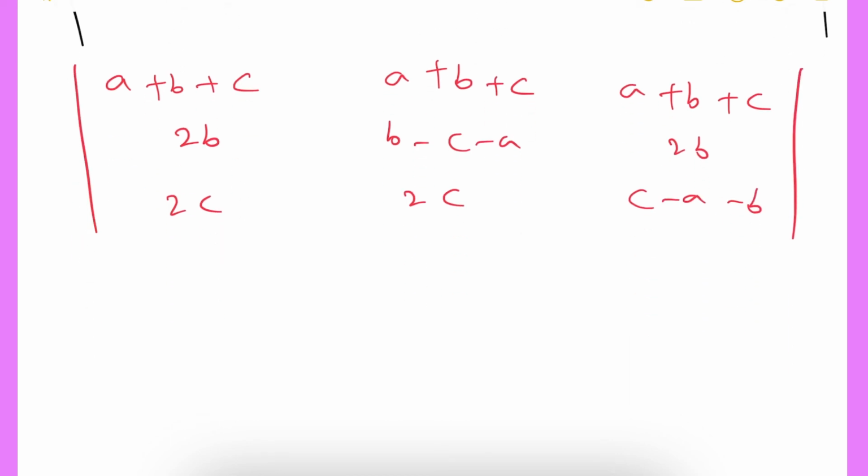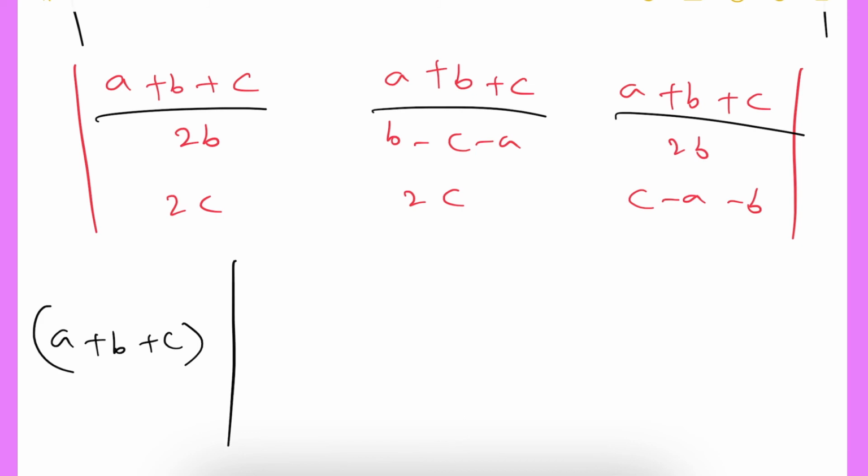Next, let us simplify this further. Now if you observe the first row, here a plus b plus c is there, here also a plus b plus c is there, here also a plus b plus c is there. So from the first row I am taking a plus b plus c common. Then the first row will be all ones, because a plus b plus c we are taking common.